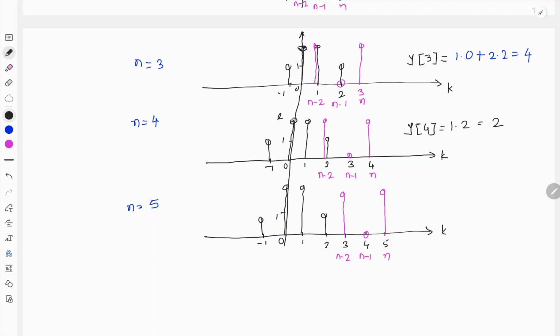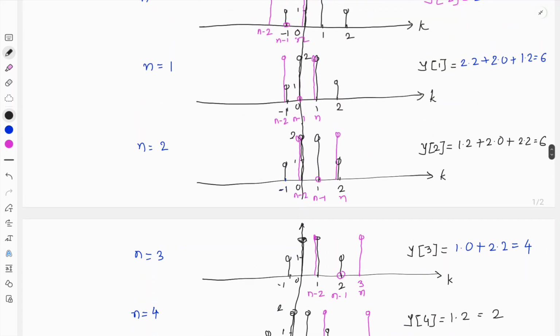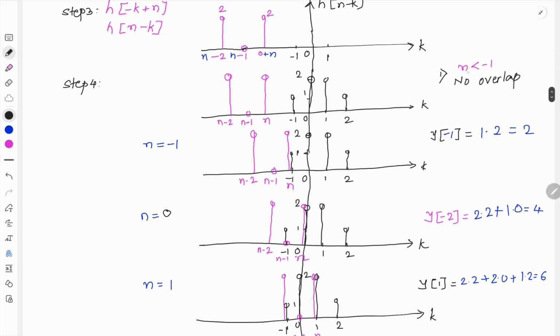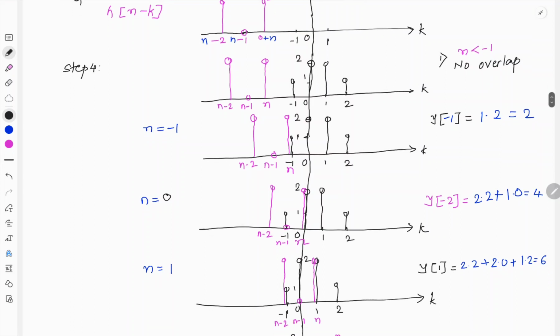Therefore, here y of 5 or any value for n greater than 5 will be 0. So ultimately, we have completed all the conditions for this convolution sum. So if we go from step number 1 again for the condition of n, if the value of n is less than minus 1, there is no overlap, we do not have any convolution sum.